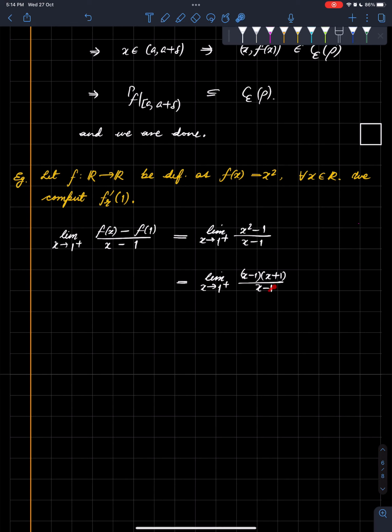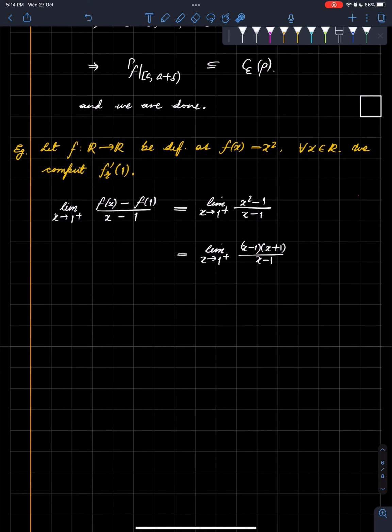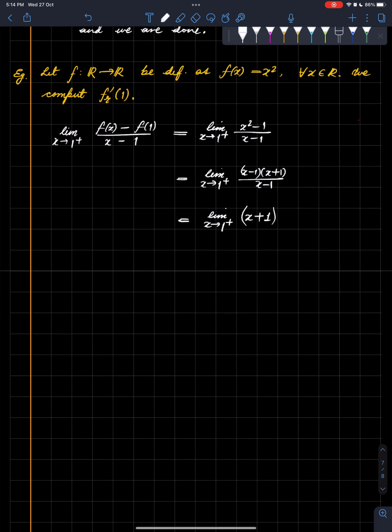And now I can cancel these two things because we are only worried about the places where x is strictly greater than 1. We are taking the right limit. We don't care what happens at x equals 1. So the above limit is nothing but the limit of x plus 1. But now we can do the algebra of limits to write this plus 1, which is 1 plus 1, which is 2.